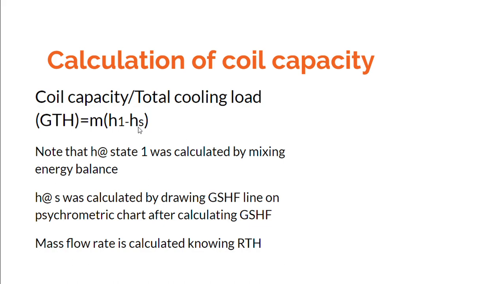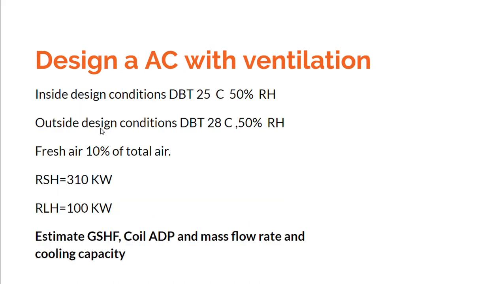This is the cooling coil capacity in terms of refrigeration. By knowing this grand total heat and the enthalpies from the psychrometric chart, you can get the mass flow rate. That is the design.